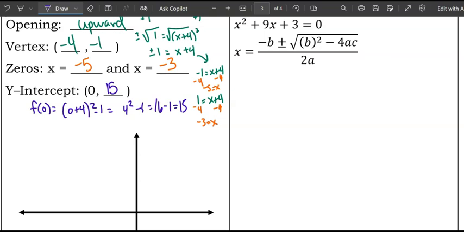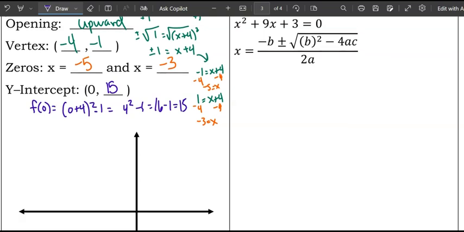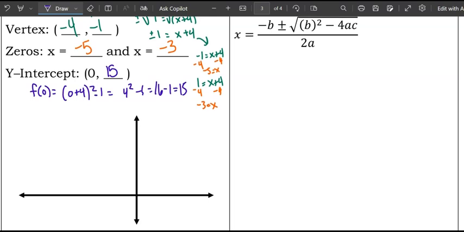It's opening upward, and let's go ahead and plot our vertex. It's right here, that's your vertex. Your zeros at negative 5 and at negative 3. And then your y-intercept.